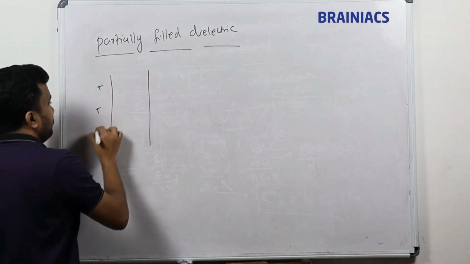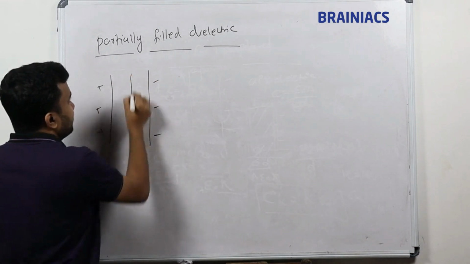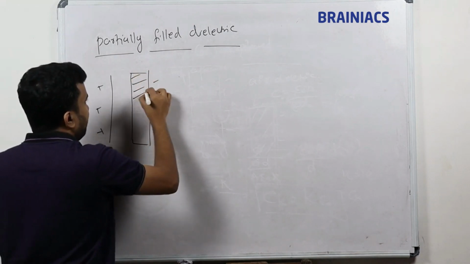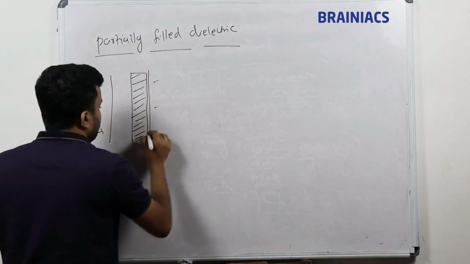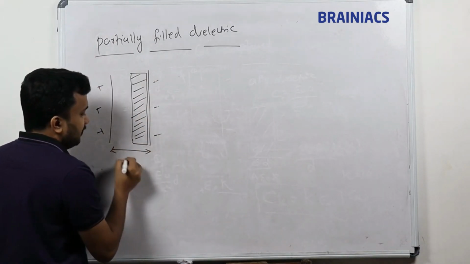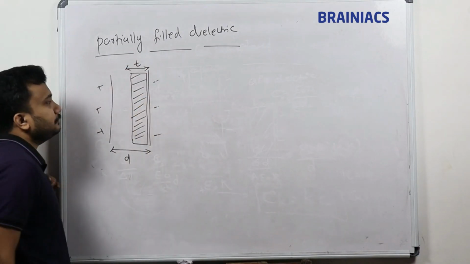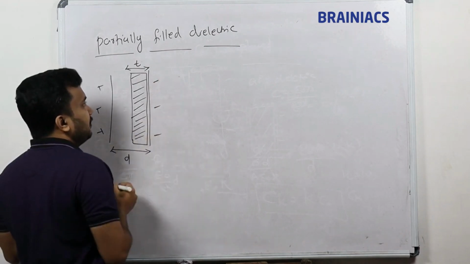This is the positive plate as usual and this is the negative plate. I am filling a certain area between the plates. The total distance between the plates is d and the thickness of this dielectric is small t.